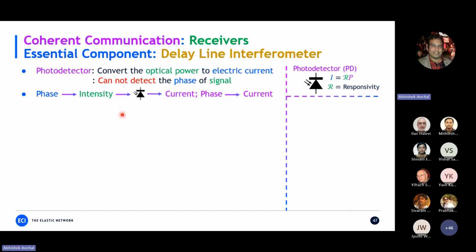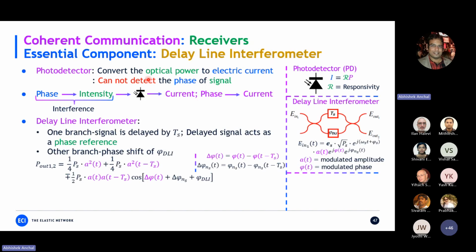We do some sort of manipulation using optical circuitry to convert the phase directly to current. What we use for this kind of conversion is called interference, or an interferometer. The interferometer we use is called a delay line interferometer. Basically, it takes the signal and delays it by one symbol duration in one path. In the other path, we provide some fixed reference phase to change the constellation places. And at the output, we receive this.